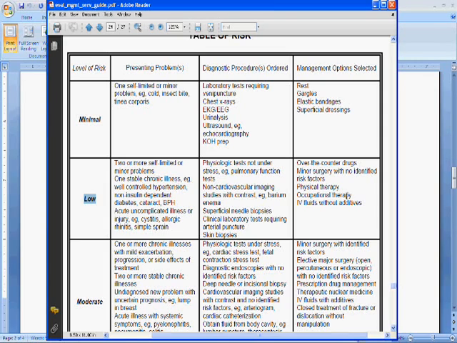For the low risk, we've got over-the-counter drugs, minor surgery, physical therapy, occupational therapy, IV fluids without additives. And I'm going to stop right there and refer to the example. The example, I believe, would be minimal risk, even though it's not there.